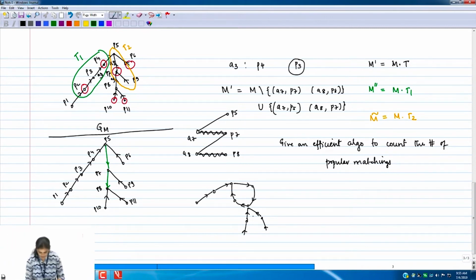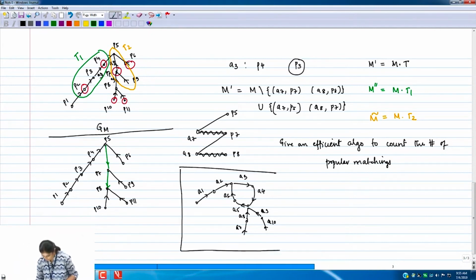So let me label again so that it becomes easy for you to talk about it. This is A1, A2, A3, A4, A5, A6. The edges are labeled A7, A8, A9, A10.